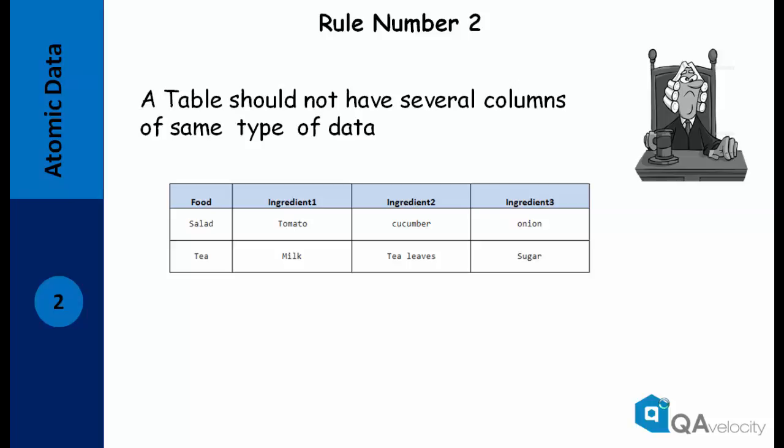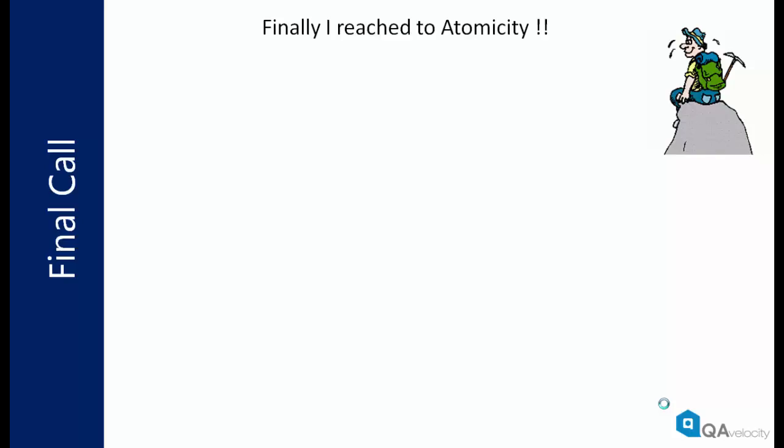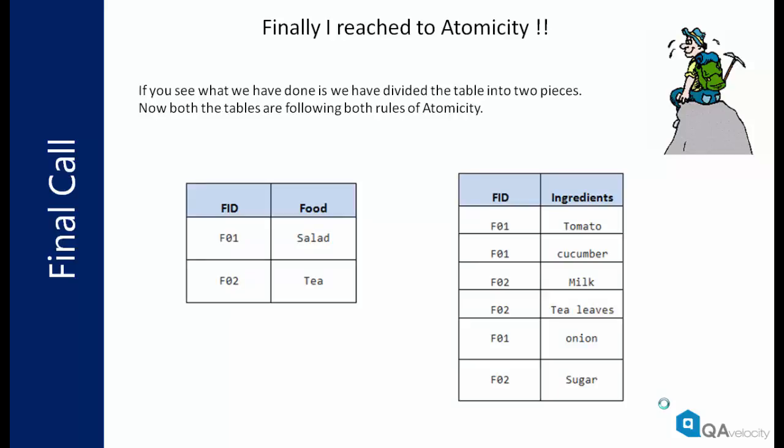So it is still not atomic yet. Let's take a final call on our table and set it to follow rule 2. To make it atomic, we have divided the table into two pieces: one for food item, another for ingredients. Now if we analyze both tables with the atomicity rules, these tables are following both rules of atomicity.